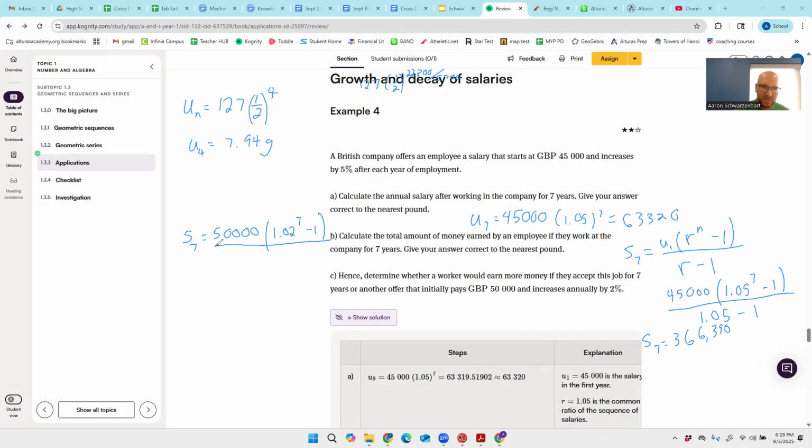It probably will not be making as much in 7 years, but it might make more in total. We'll see. So it might depend on how long you're planning on staying at a company.